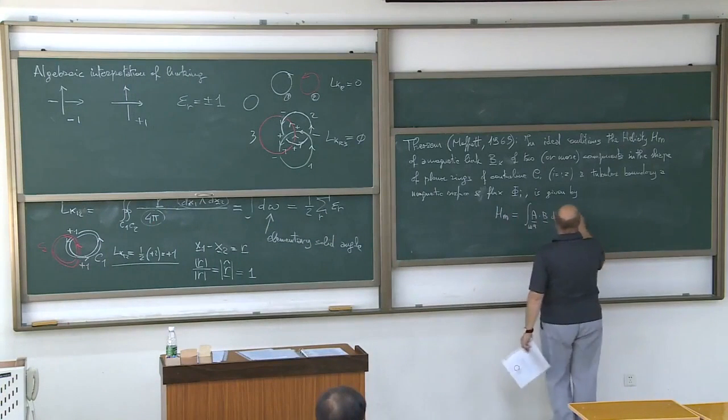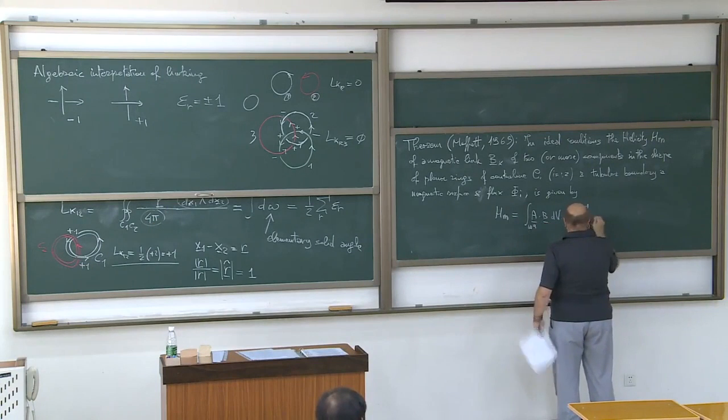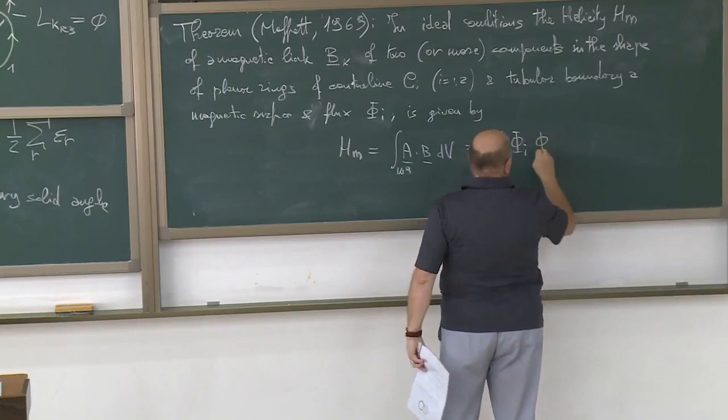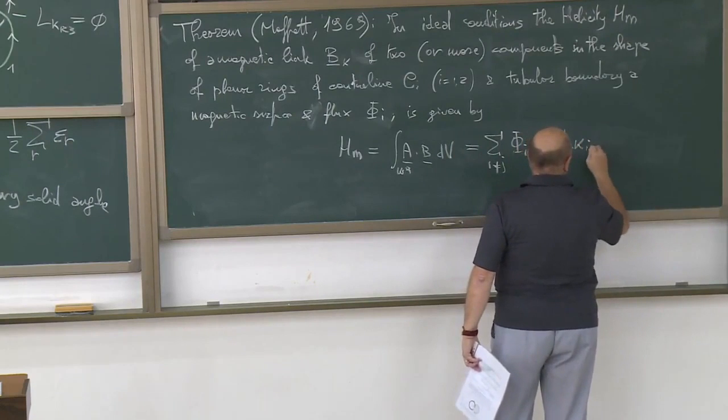Then this helicity is given by the sum over i different from j of phi_i phi_j, each flux, multiplied by the linking number Lk_ij.